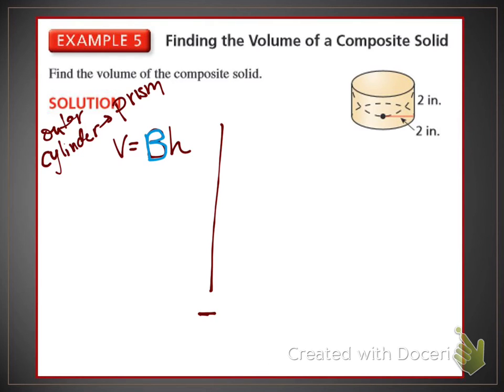All right, what shape is the base? Circle. How do you find the area of a circle? Pi r squared. The radius is 2. 2 squared is 4. 4 times 3.14 is 12.56.